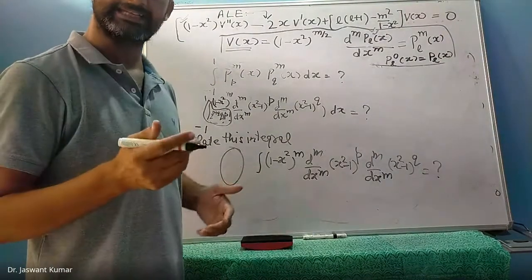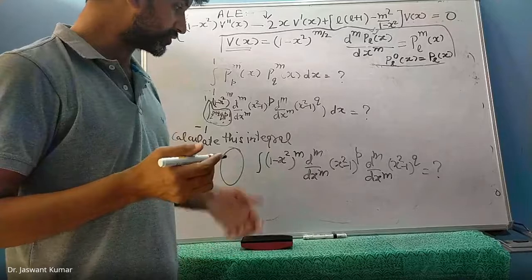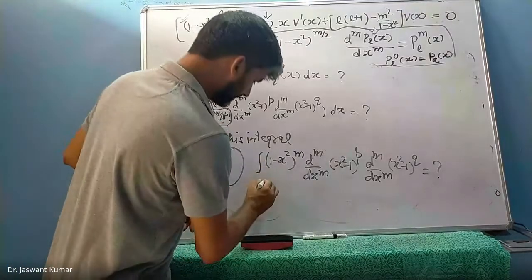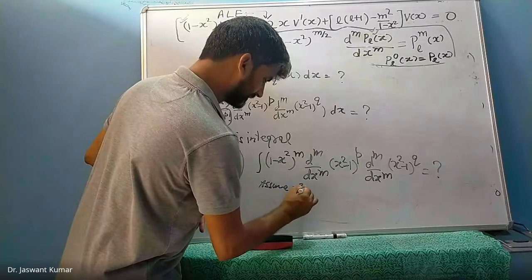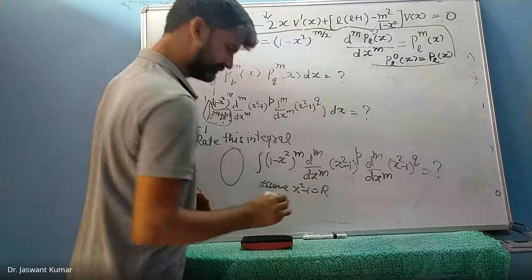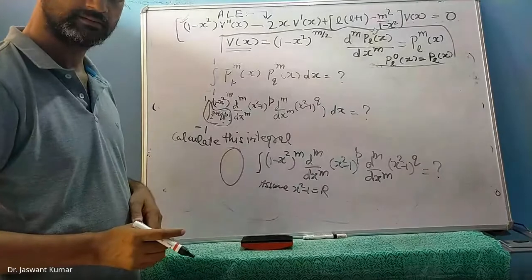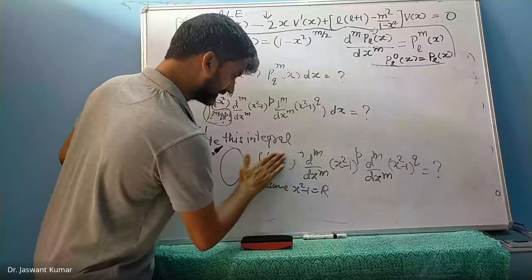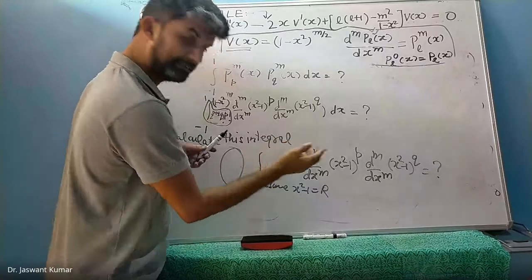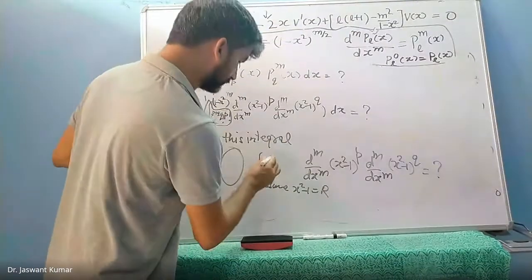The hint that I give you is to assume x square minus 1 equal to some capital R, so that we simplify it a little. So this will be like capital R to the power m, with a minus 1 to the power m going out here.